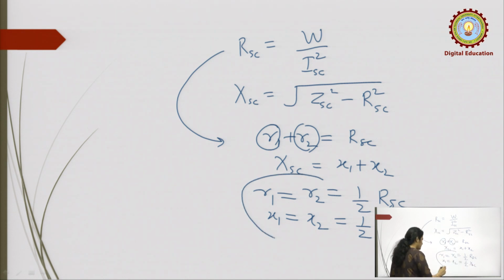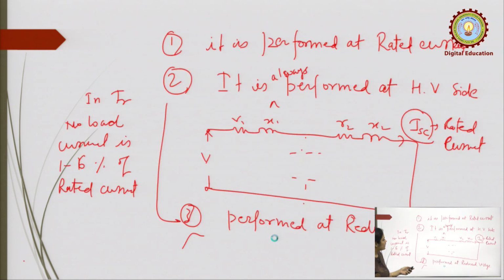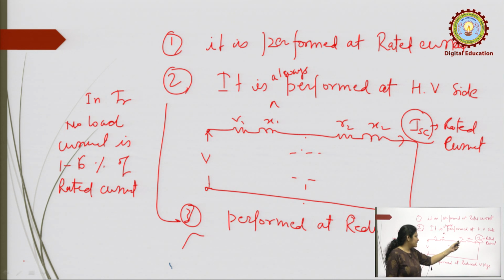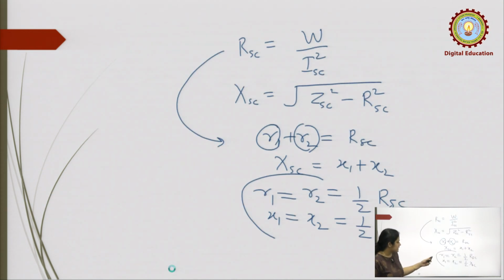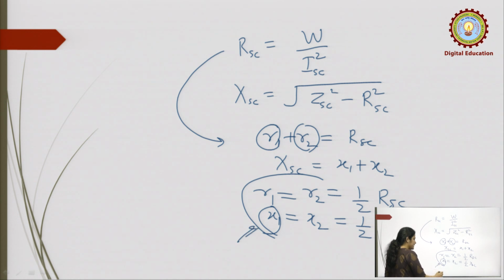And what are these R1 and R2? R1 is the winding resistance in the stator, in the primary side, R2 is the winding resistance in the secondary side, and X1 is the leakage reactance in the primary side, and X2 is the leakage reactance in the secondary side.